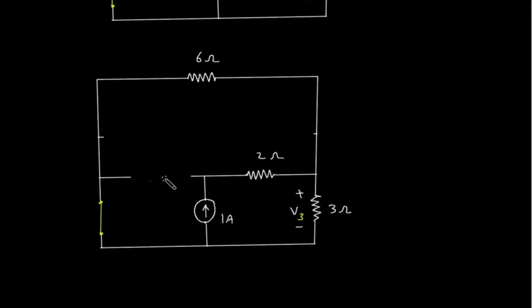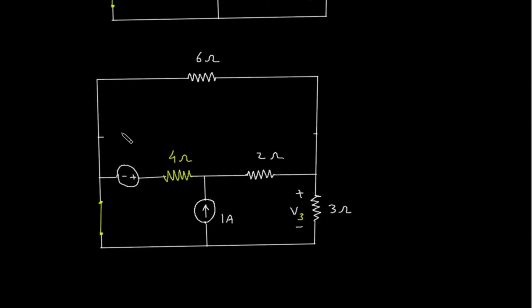I will redraw this 4 ohm resistance. So this is 4 ohm, and here its equivalent voltage source. This will be positive, this will be negative.